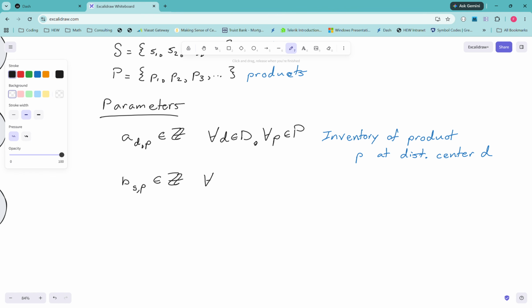And we'll say we need to write one of these parameters for every S in the set of S, so for every store in the set of stores, and for every P, which is an element of P, so for every product in the set of products. And so this represents the demand of product P at some store S.